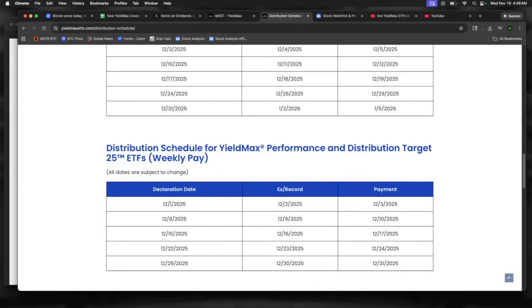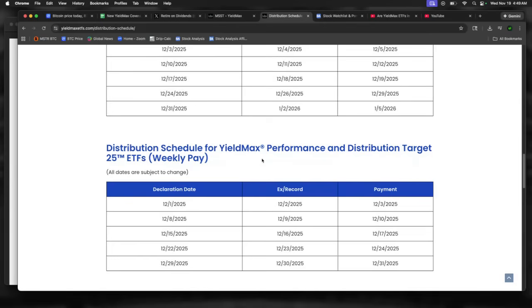But if you look, declaration date is the Monday, ex-date the Tuesday, and then pay date the Wednesday. So we do now have a Wednesday payer. So they now have a Thursday, Friday, and Wednesday, right? So they're kind of going backwards. And I assume they'll fill in the Tuesday gap. So who knows what they have in store for the future, but at least for now, we know that Target 25 ETFs will pay you on the Wednesday, of course, pending holidays and this and that.